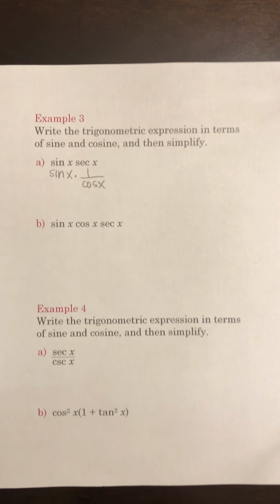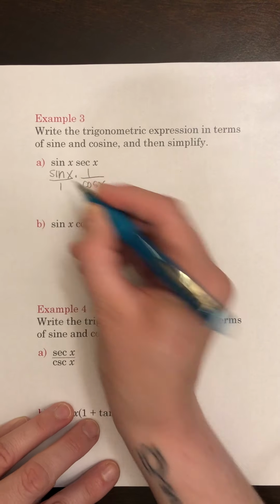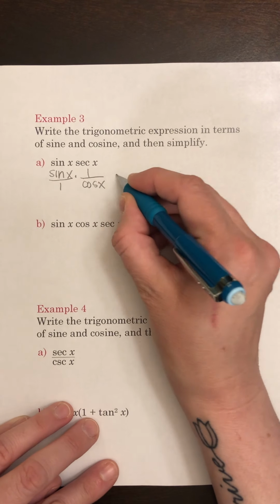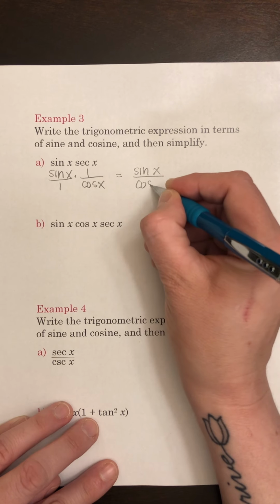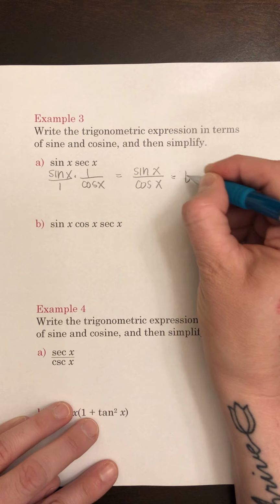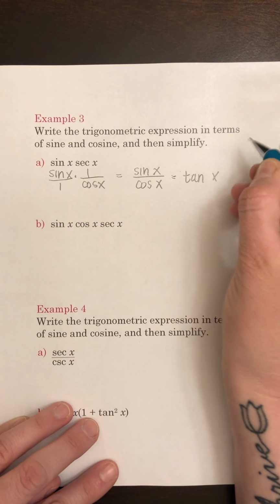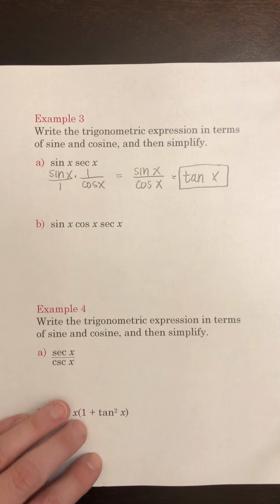Since that's multiplication, you're just going to multiply straight across. The sine x has a denominator of 1, so if I multiply straight across, I get sine x over cosine x. And what do we know about sine x over cosine x? It turns into tangent of x. And that is as simplified as you can take that.